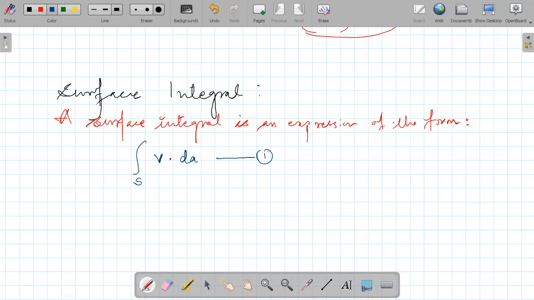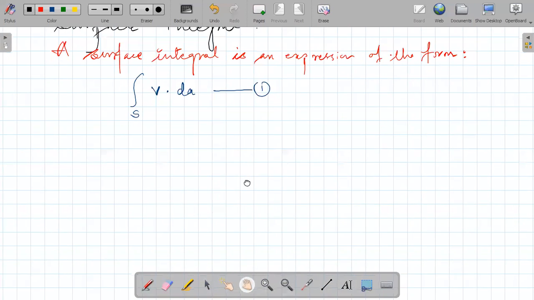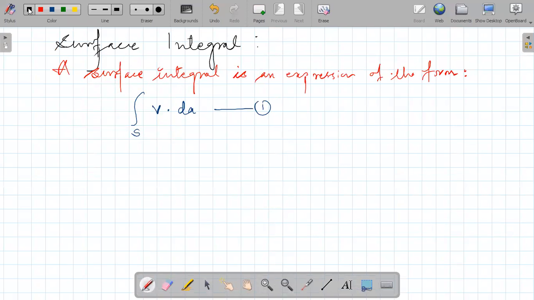First I will draw a diagram for this case. I will take the x-axis, the y-axis, and the z-axis.